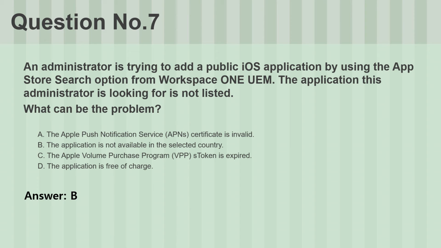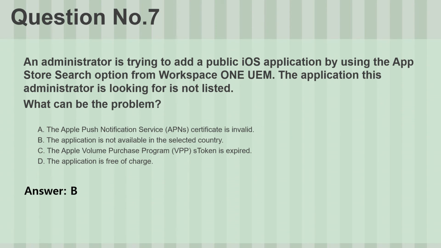A. The Apple Push Notification Service (APNs) certificate is invalid. B. The application is not available in the selected country. C. The Apple Volume Purchase Program (VPP) token is expired. D. The application is free of charge. Answer B.